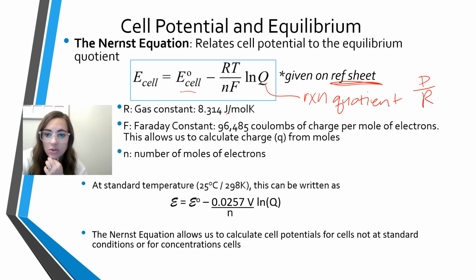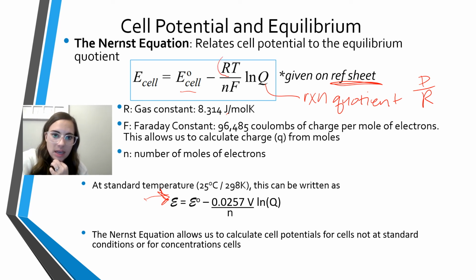Now, sometimes you'll see the Nernst equation written like I have it here. Most of the time, we're going to be doing reactions at standard temperature, which is 25 degrees Celsius or 298 Kelvin.